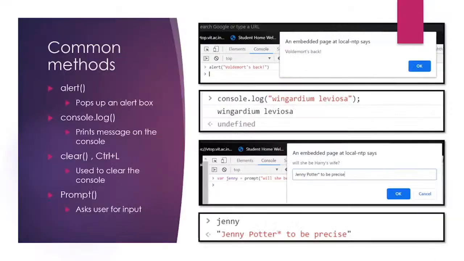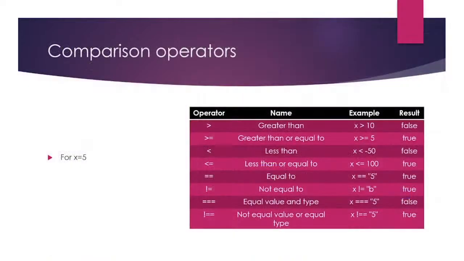Now let's get back to where we were. These common methods which I told you about are alert, console.log, and prompt. I told you all of it, so let's move on.